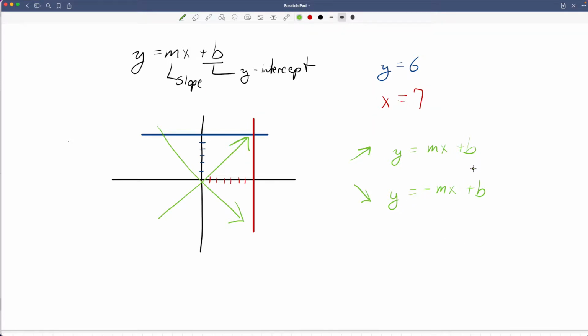And then wherever that line crosses the y-axis, that is going to be the value of this plus b right here. We determine slope by the angle of the line in regards to how far it moves down the y-axis or up the y-axis as it travels from left to right.